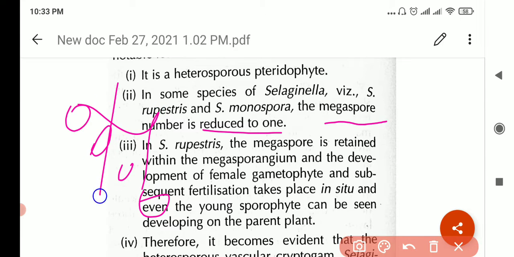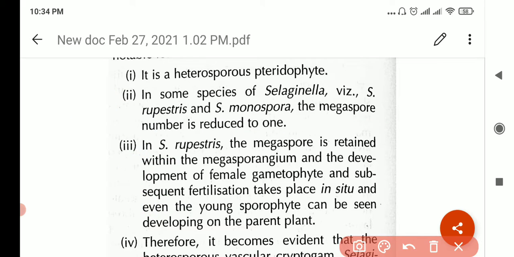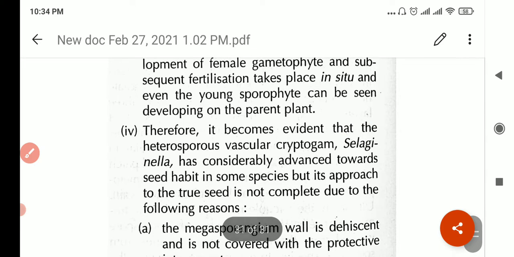These 3 will degenerate. So even in higher plants, the 3 degenerate, only 1 is left. Then the megaspore is retained within the megasporangium, just like the fruit in the higher plants, which develops directly in the flower. So here also the megaspore is retained in the megasporangium, and fertilization will take place in the same place where the male and female plants are there.